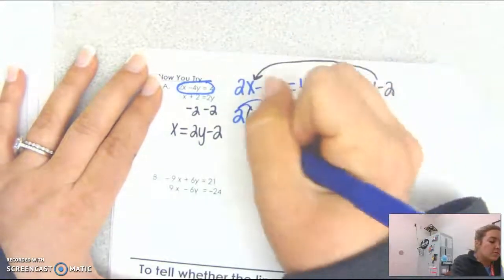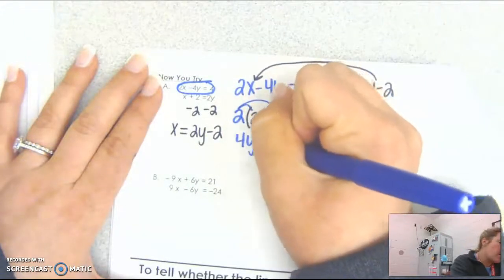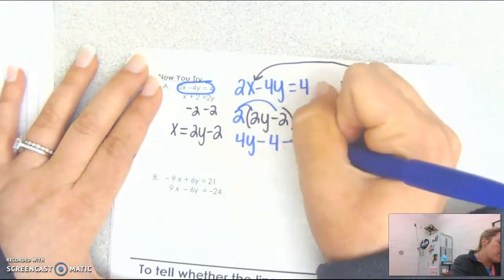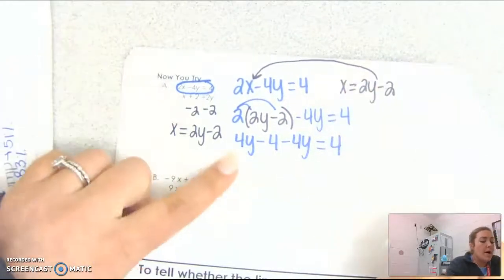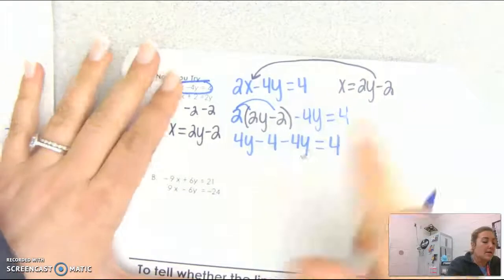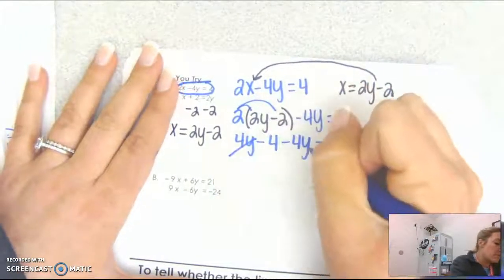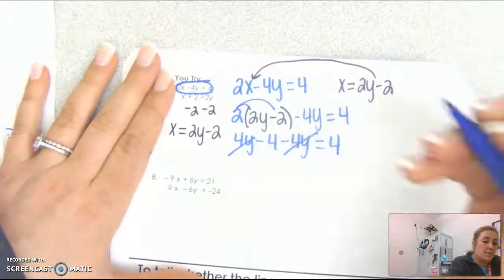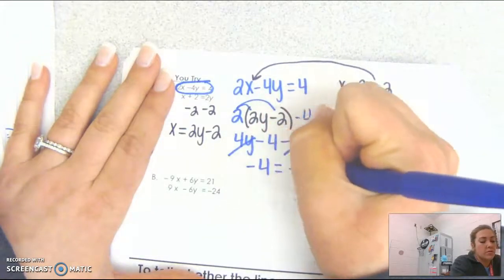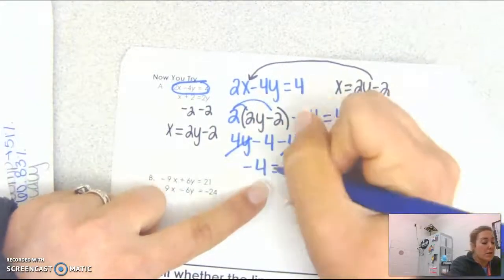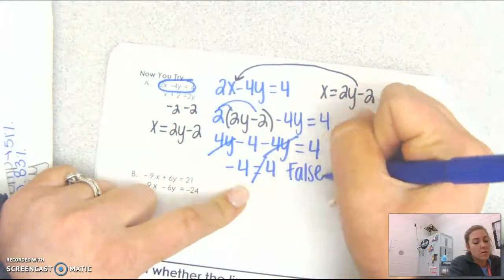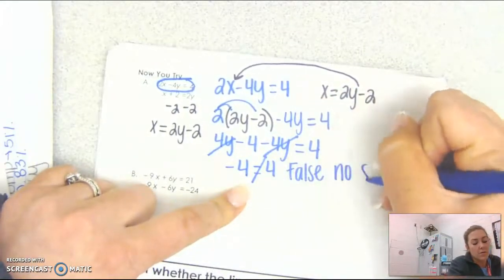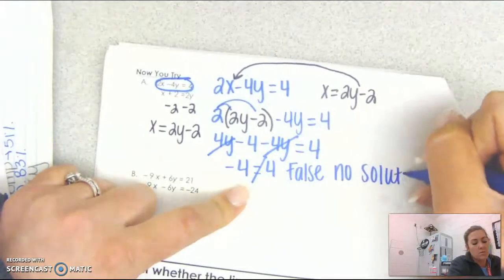Distribute. 2 times 2y is 4y, minus 4, minus 4y equals 4. I have a positive 4y and a negative 4y. Those are going to cancel, and I'm left with negative 4 equals 4. Those are not equal, so this is false, and my answer would be no solution.